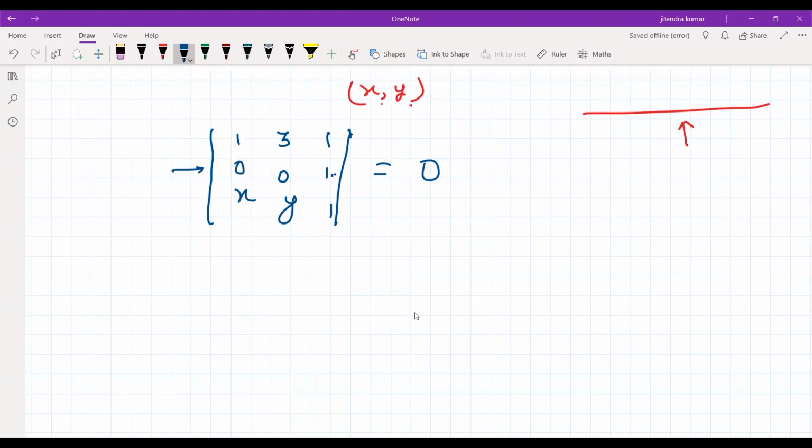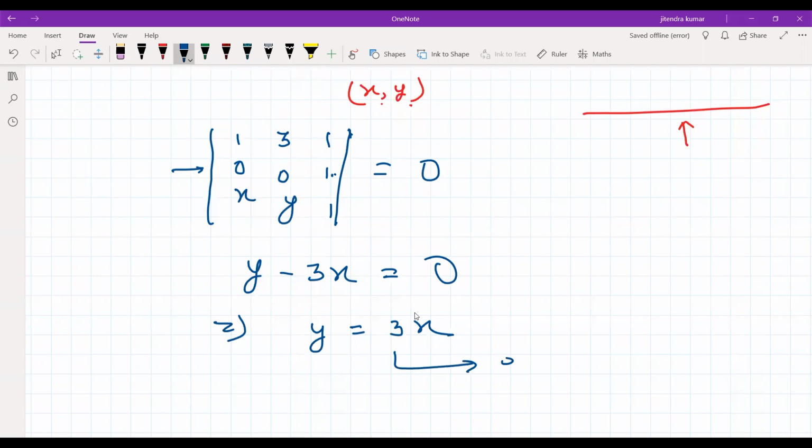So it is 1. So this will be equal to y minus 3x. y minus 3x is equal to 0. So this will give us y is equal to 3x, or y minus 3x is equal to 0. So this is our equation of the line.